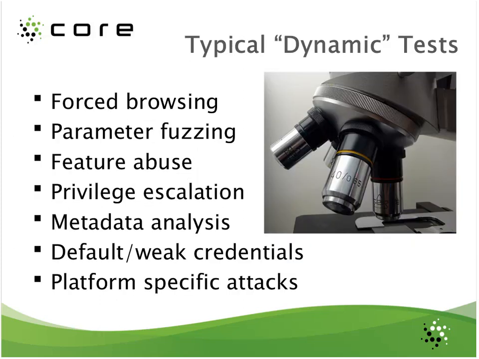Some typical tests we do as part of a dynamic assessment include forced browsing. That's situations where you might have a parameter in the URL that is looking for, say, a unique identifying number. Say you're looking at an article on a blog, and I'm reading article number 92 now.